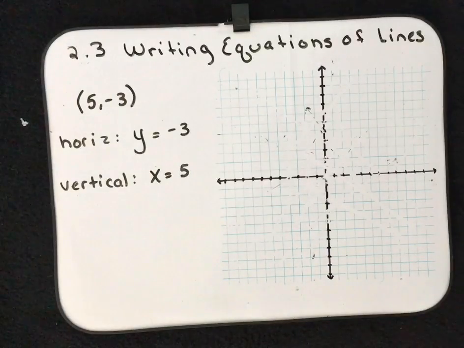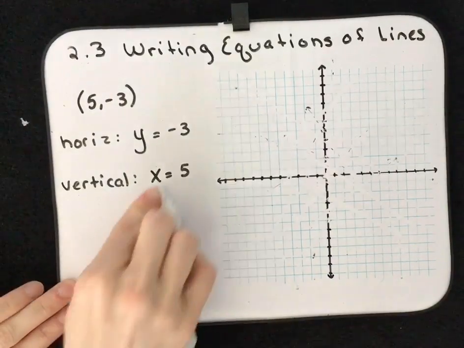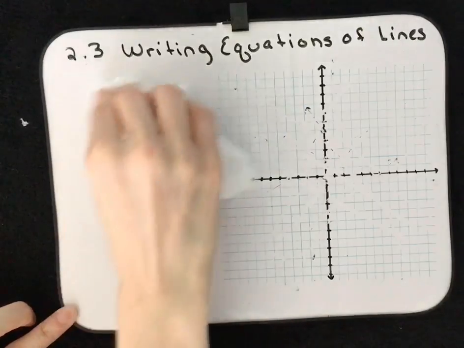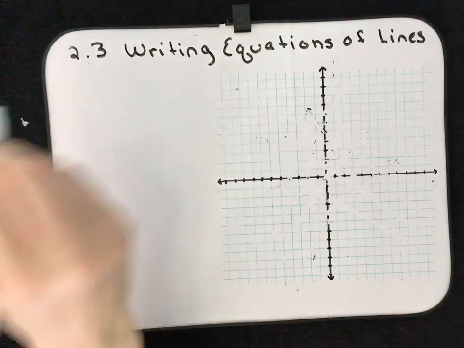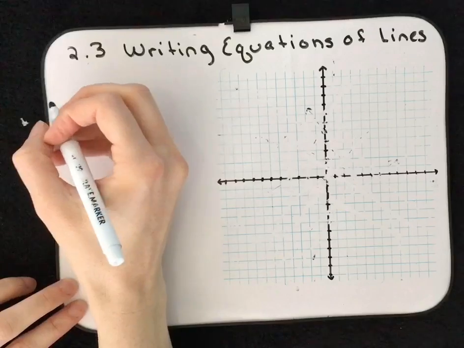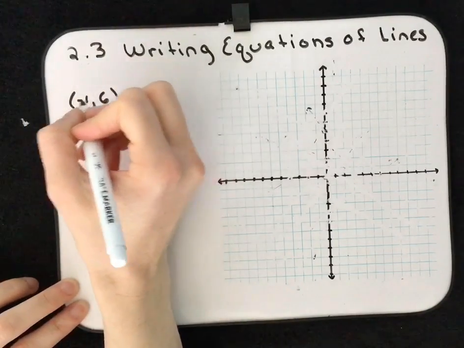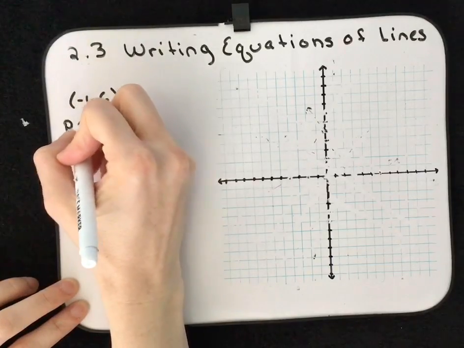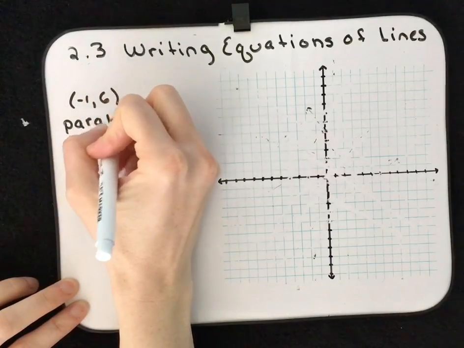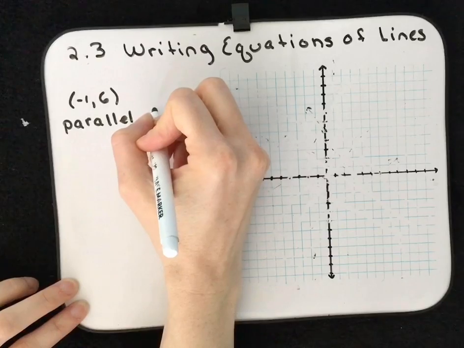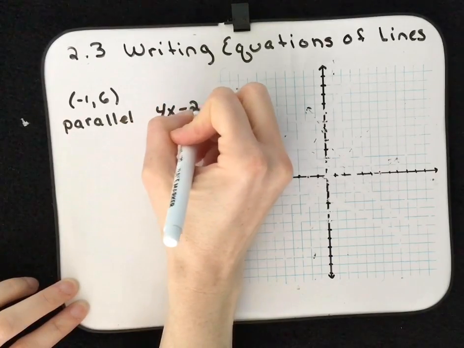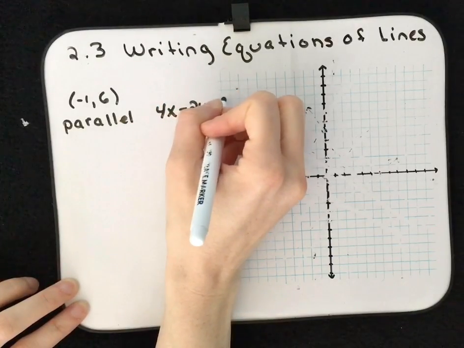Let's do a little bit of review of parallel and perpendicular. So say that you are given the point negative 1, 6, and you want to create the equation of a line parallel to 4x minus 2y equals 6.